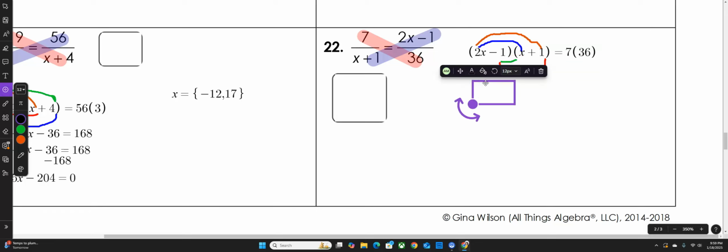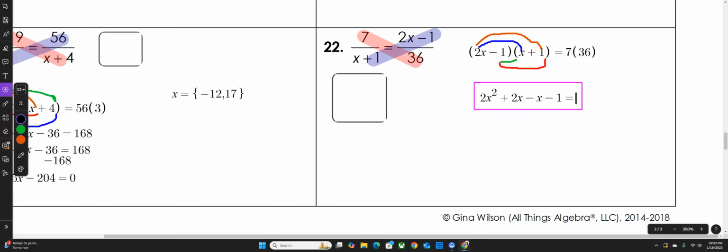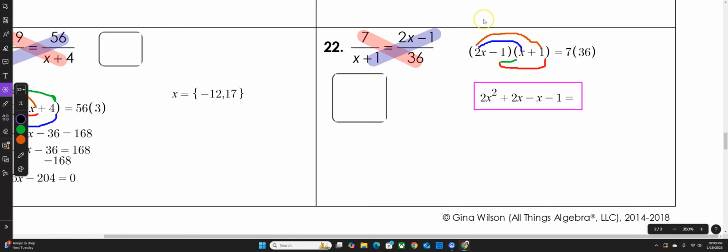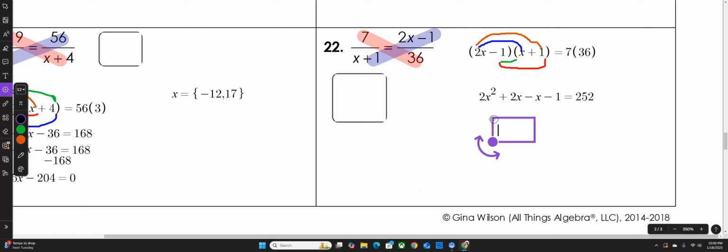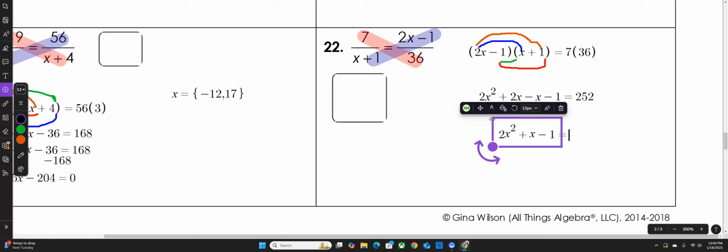So that will give us 2x squared plus 2x minus x minus 1 is equal to 7 times 36, which is 252. We're going to simplify the left-hand side. So that's going to give us 2x squared plus x minus 1 is equal to 252.